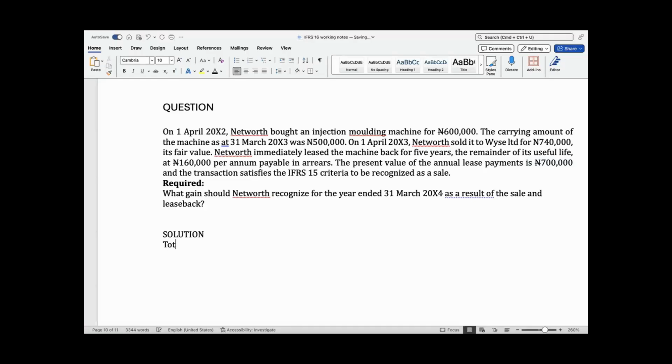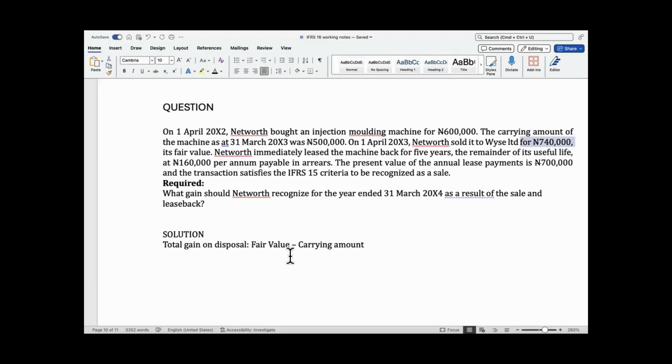First, we will get our total gain on disposal, which is the fair value of these assets minus carrying amount of these assets. How much did they sell the assets?